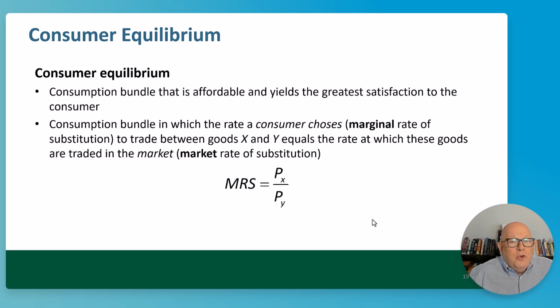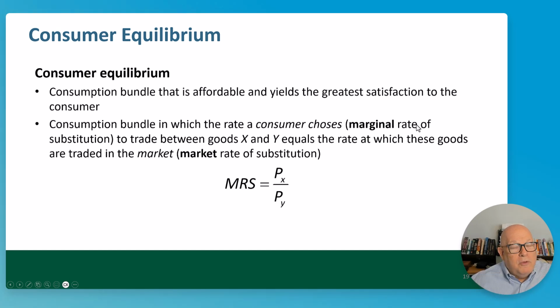So consumer equilibrium is where the budget line is going to intersect with the indifference curve. It basically will tell us when the marginal rate of substitution, which is based on the indifference curve, equals the market rate of substitution.